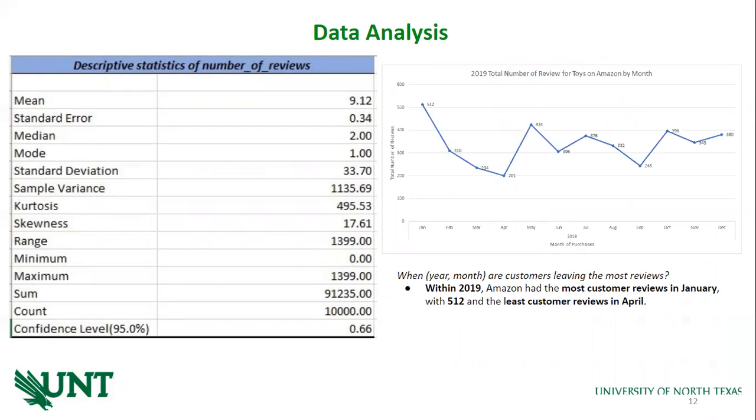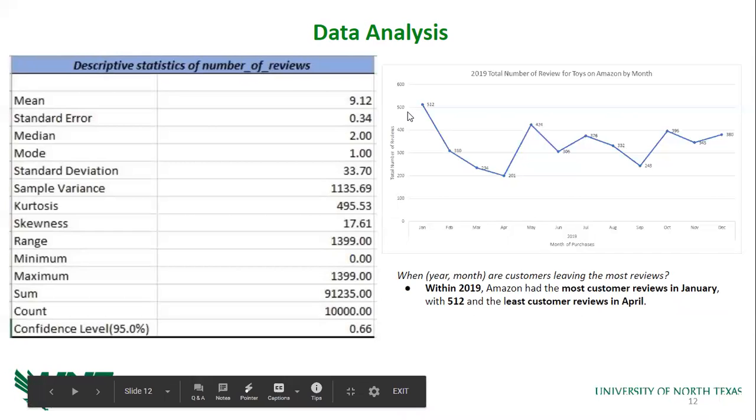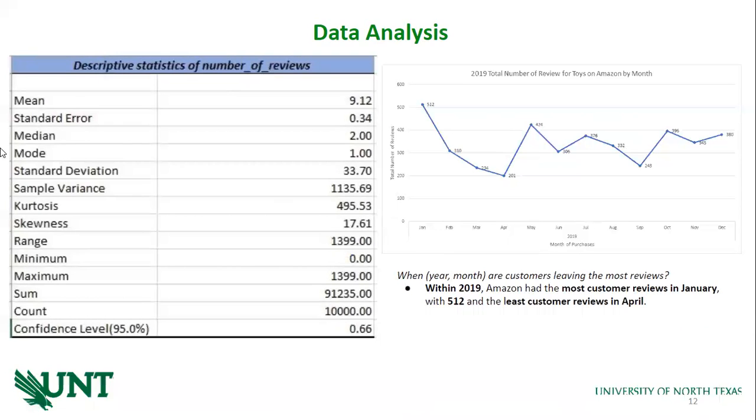In my Excel file, you can do it by year, but I thought it'd be more helpful to do it by month to see when people are leaving the most reviews. As we saw in 2019, most customer reviews are in January, and the least are in April. Along with this one, we did descriptive statistics that tell me my mean, median, mode, standard deviation, max, min, and sum, all in one nifty table.